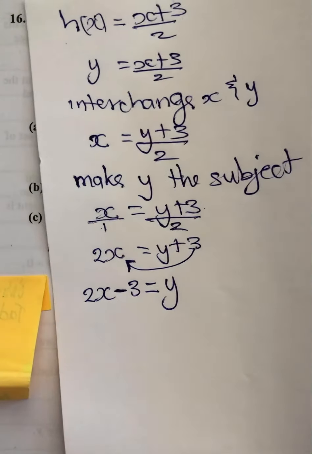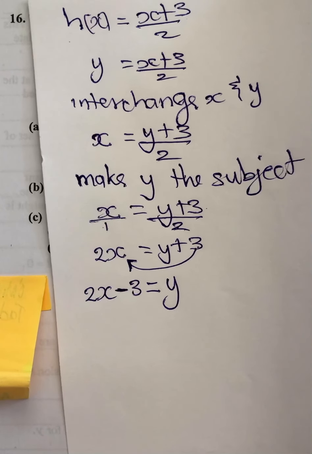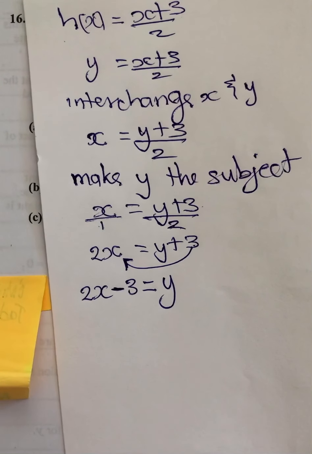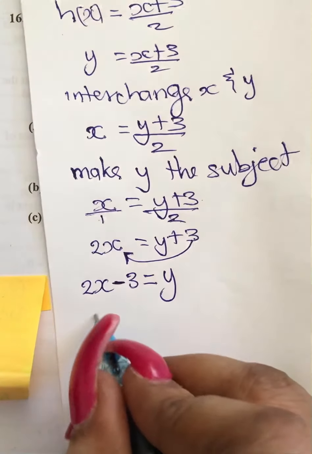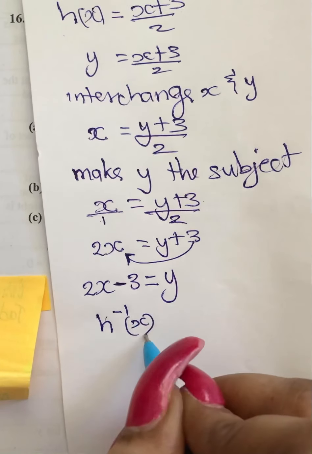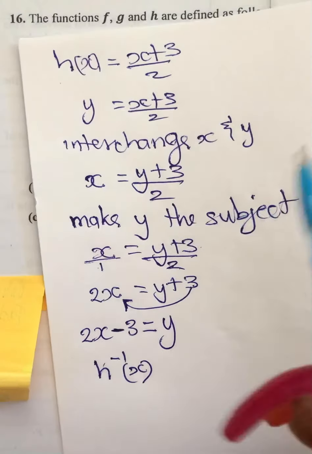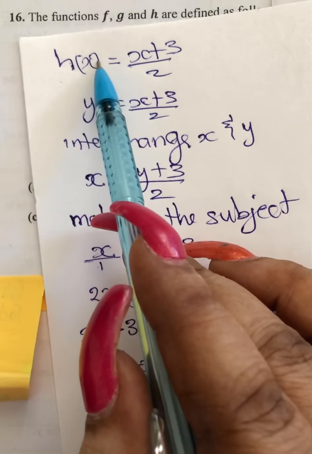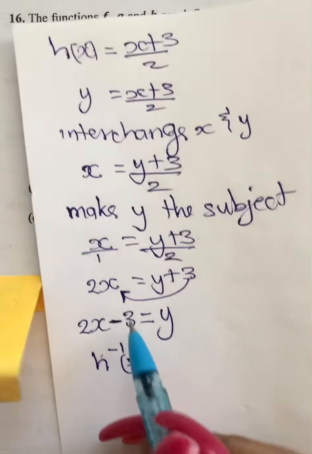Now, I am not finished. Remember, this is just my working that leads me to my answer. Do not stop here, students. We want to write our answer as h inverse of x. Right? Remember, they had given us h of x. And they ask us to find the inverse.